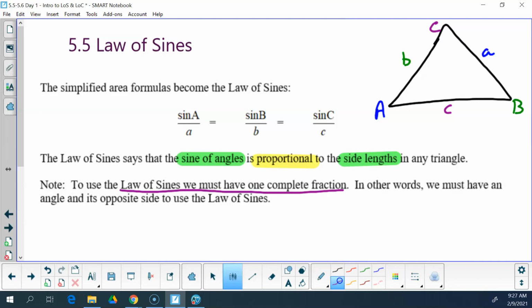If you're in a right triangle, you could use Pythagorean theorem or SOHCAHTOA. If you're in a non-right triangle, then you'd have to use law of cosines, which we'll get to later on today. Fantastic. So we're through the front side of the first page.